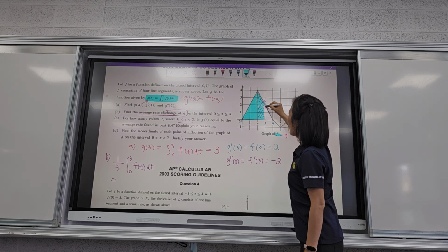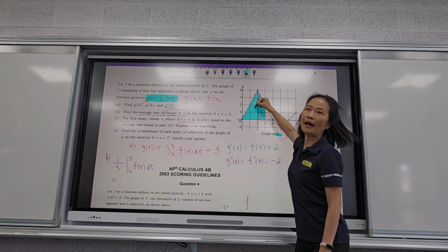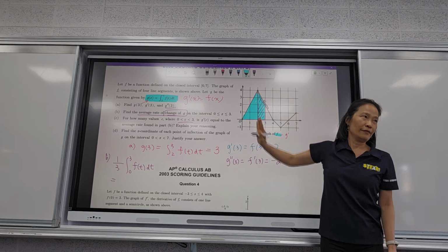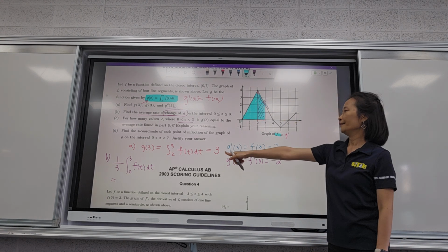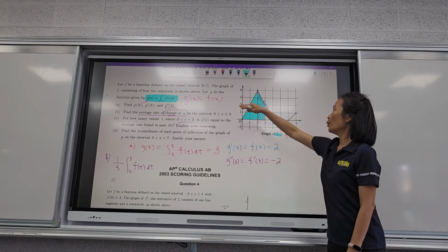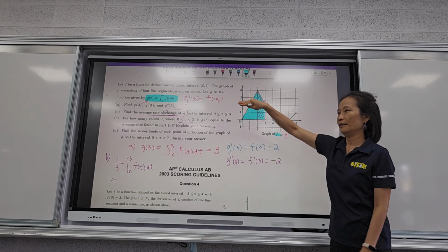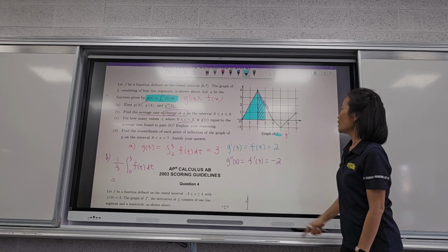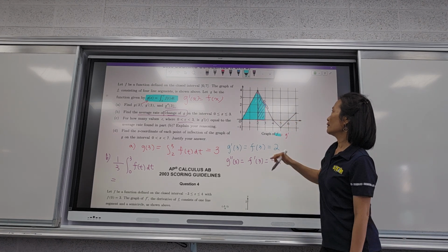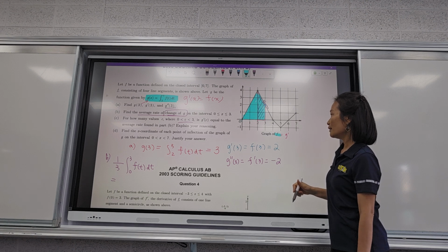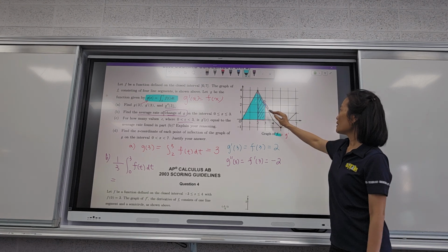Since 0 to 3 are all above the x-axis, I will have just the positive area. Add them together, divided by 3 will give you the average value. So I think that's 7 over 3, right? Is it 7?